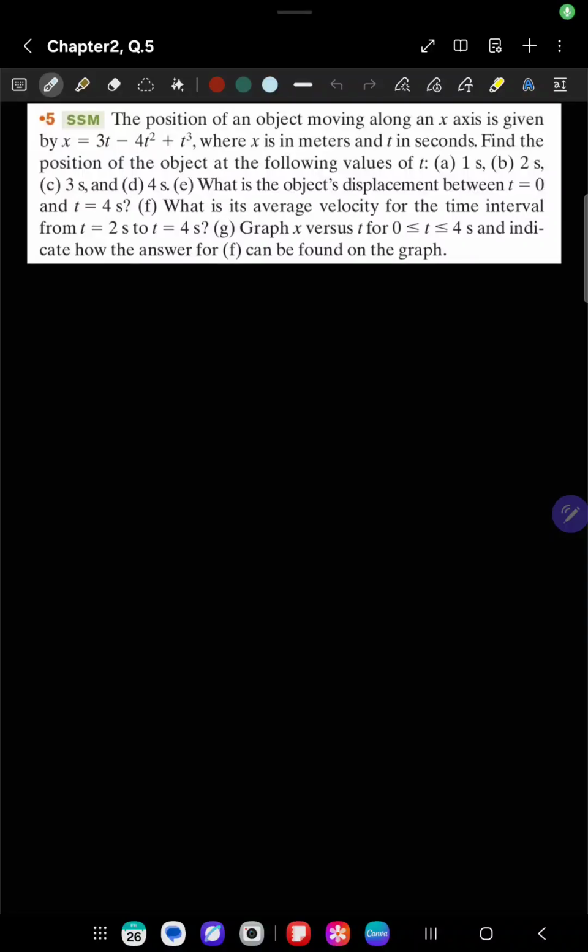So this question says the position of an object moving along an x-axis is given by x equal to 3t minus 4t square plus t cube, where x is in meters and t in seconds. Find the position of the object at the following values of t: a 1 second, b 2 second, c 3 second, d 4 second.